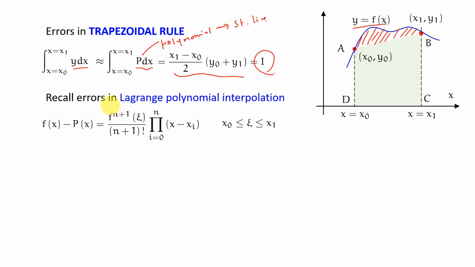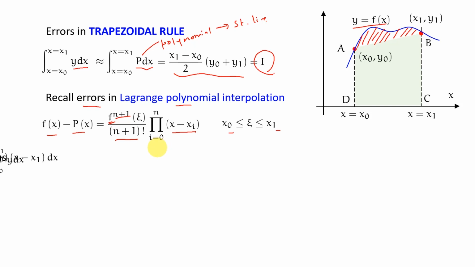Now recall our discussion on errors in Lagrange polynomial interpolation, and in that case the error was f(x) minus p(x), that is the error term, and error term was given by whatever the function we are fitting the polynomial to, the (n plus 1)th derivative of that function. The value of this derivative is taken between this point x0 and x1, which is some point xi, and we want to take the value where this f^(n+1) will be maximum, divided by (n plus 1) factorial and multiplied by the product of (x minus xi) for i going from 0 to n.